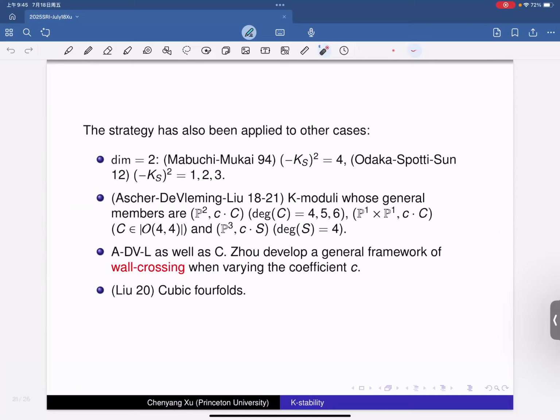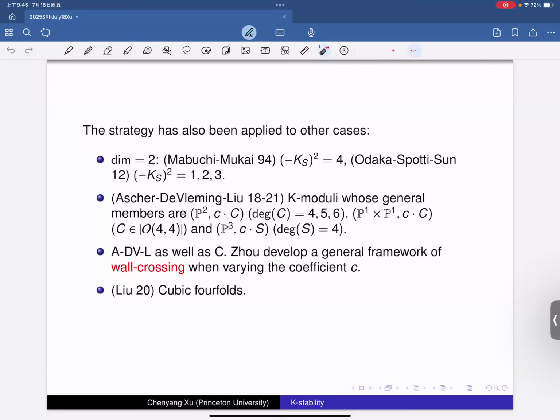So this strategy has been applied to many other cases. Actually, even before our work, before all this existence of K-moduli algebraically, analytically this was already used by Mabuchi-Mukai to deal with the degree 4 del Pezzo surface, and Odaka-Spotti-Sun for the degree 1 and other del Pezzo surfaces. And Ascher, DeVleming, and Liu wrote a series of three papers to study the log case.